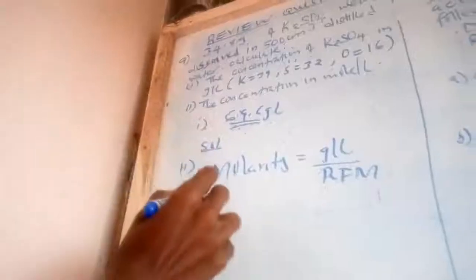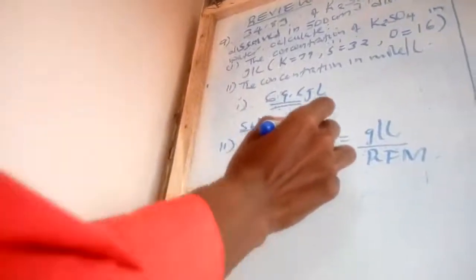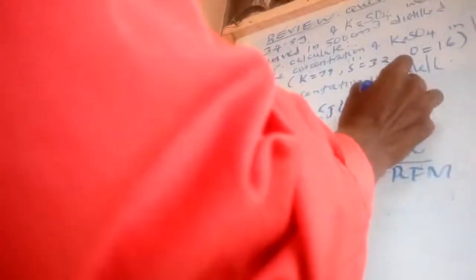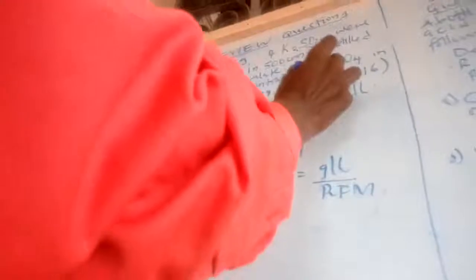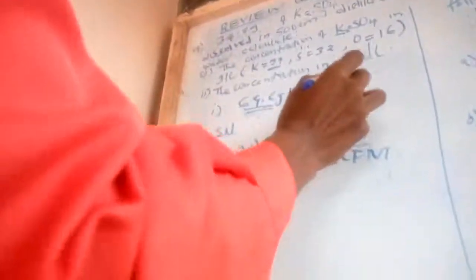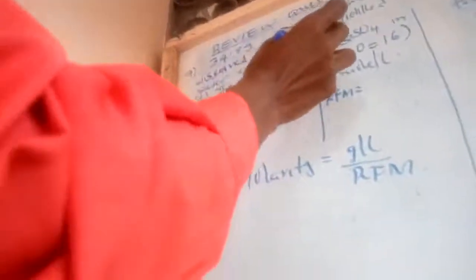That is exactly what you are supposed to use. As far as RFM is concerned, we can come up with the RFM of potassium sulfate. Remember, the relative atomic mass of potassium is given as 39, and how many potassium atoms are there in potassium sulfate?